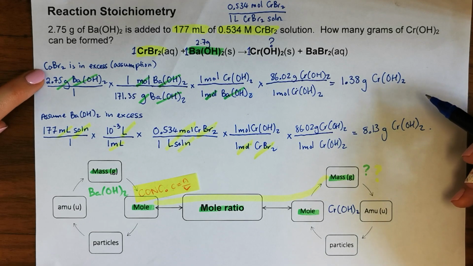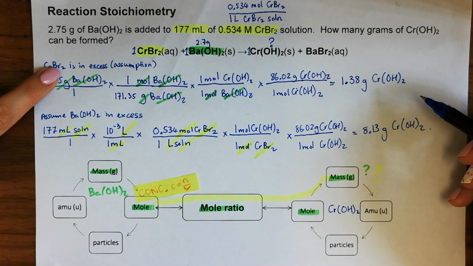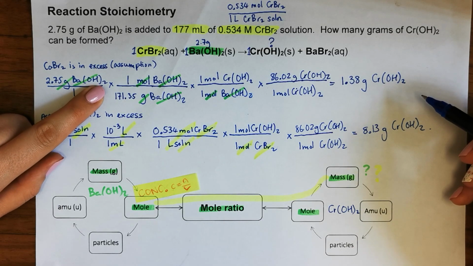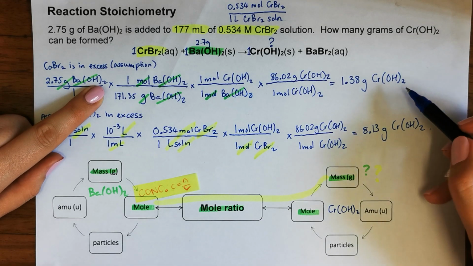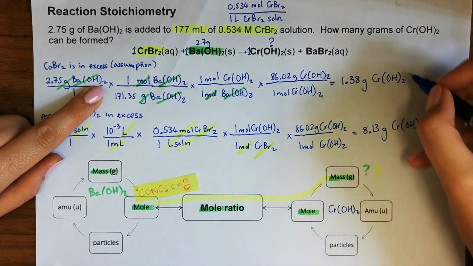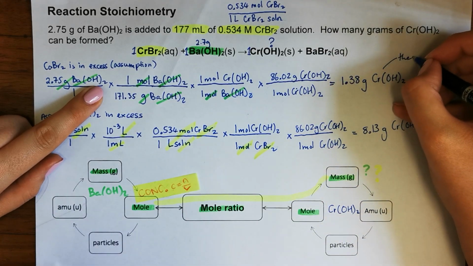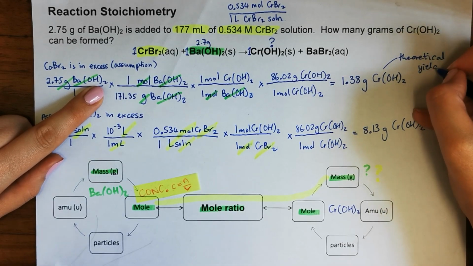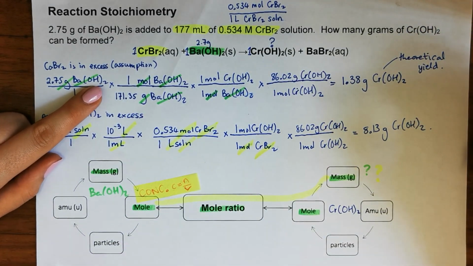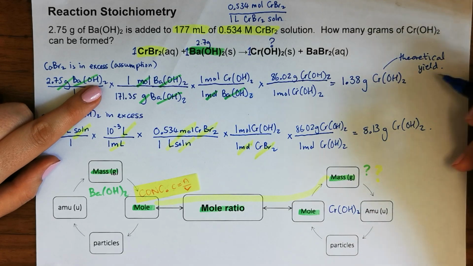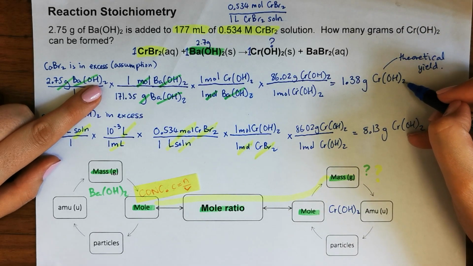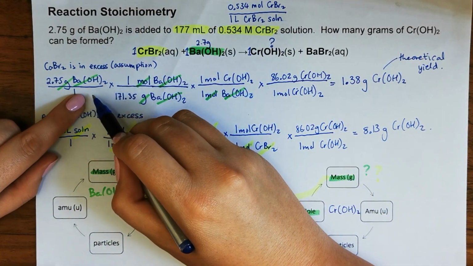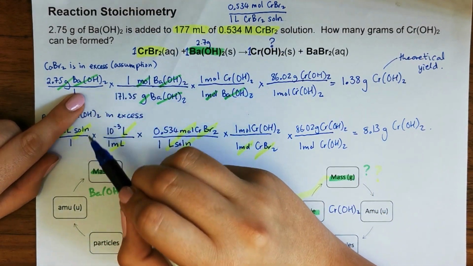Our first assumption that calcium bromide is in excess, therefore barium hydroxide is the limiting reagent. And here we have our theoretical yield. Okay, you need to make these 3 final statements at the end of your calculation. This is our theoretical yield, that was in excess, and barium hydroxide was our limiting reagent.